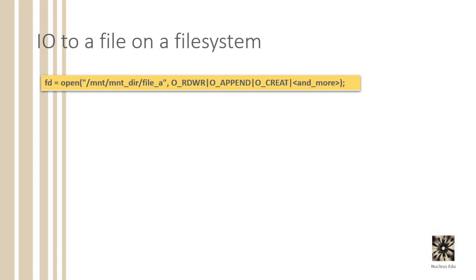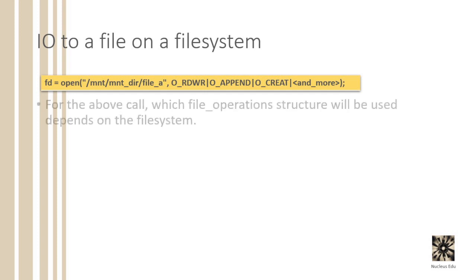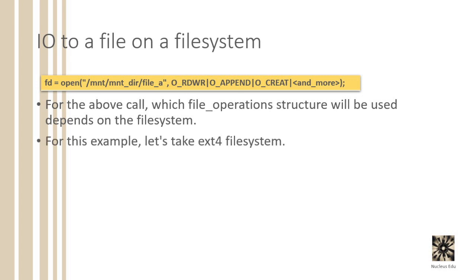For the above call, depending on which file system the mounted directory has, a different file operation structure will be used. For this example, let's take the ext4 file system and look into what happens when we use the above open call for opening the file.